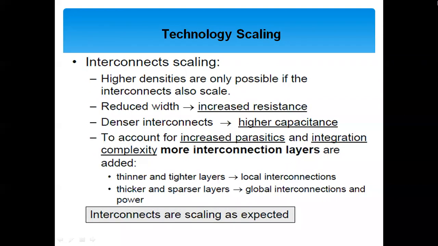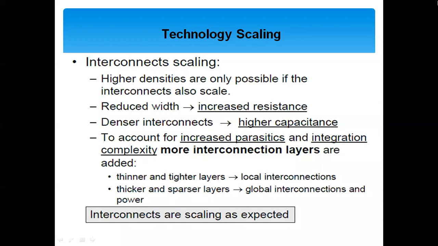Okay. Now, what about interconnect scaling? Fine, this is for one particular MOS transistor that you have scaled down. But what happens if there are n number of MOS transistors connected in series or maybe in parallel? This is called interconnect scaling.